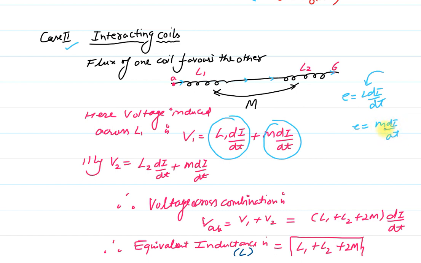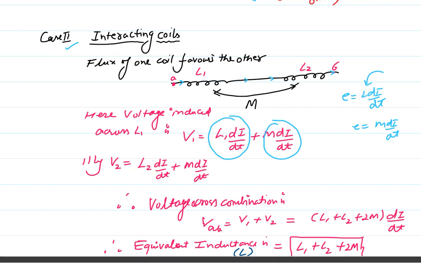So when the flux of one coil is favoring the other coil, the voltage across L1 is L1 di by dt plus M di by dt. Similarly, the voltage for the second coil is L2 di by dt plus M di by dt. M is the same for both coils, and L1, L2 are their coefficients of self-inductance.